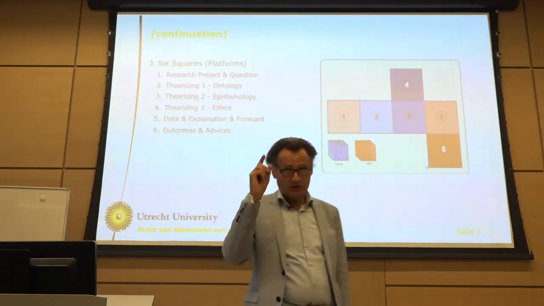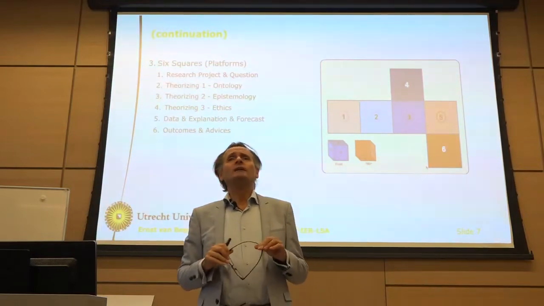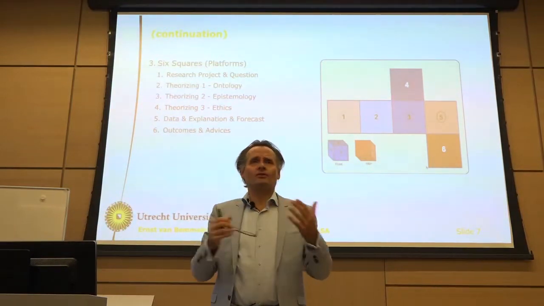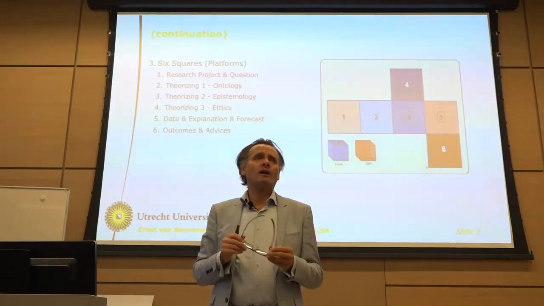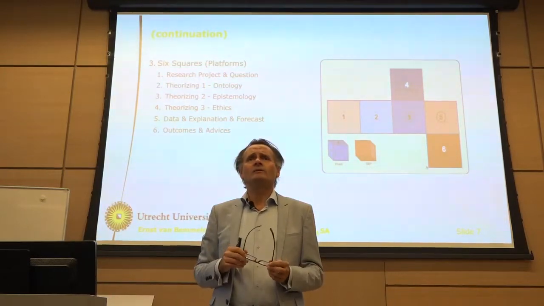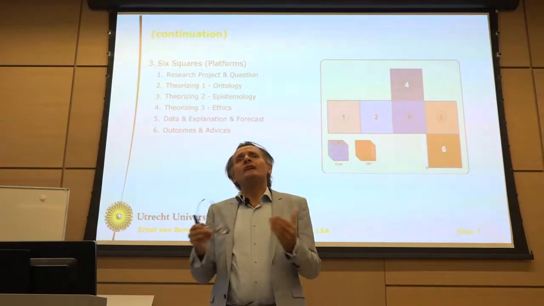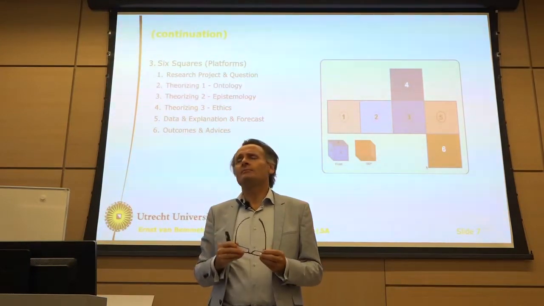And on those 6 sides there are the 6 stages you could theorize around your LLM thesis, your research project. The first one is about the project plan, the research question. Look at the question mark in a bit.